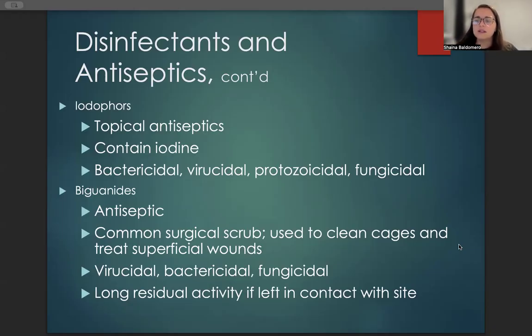We will get into this more in your surgical module, but when you are doing an aseptic scrub, we want to make sure that you're making contact with the skin for several seconds. It shouldn't just be scrub, throw it away. It's going to be several seconds of scrubbing back and forth, really making sure you have contact with the skin in order to give it the full virucidal, bactericidal, fungicidal benefits for that aseptic technique.